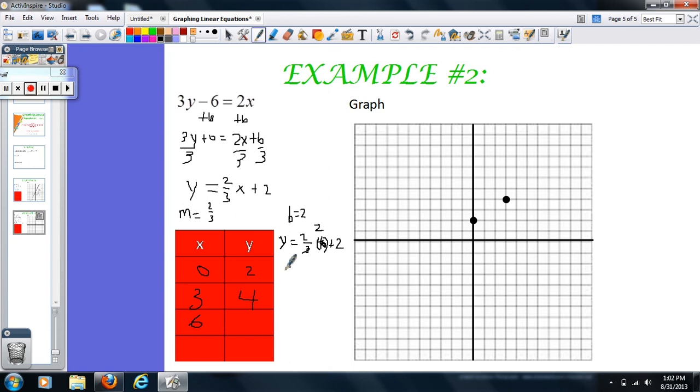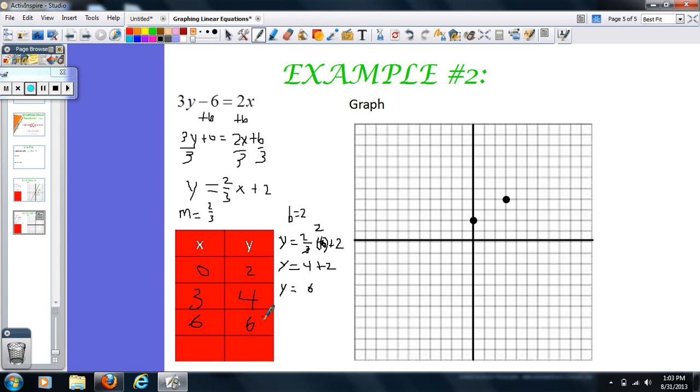So this is going to give me y equals 2 times 2 is 4 plus 2. And that means that I'm going to get y equals 6. Alright? But you notice I didn't end up with a fraction here.